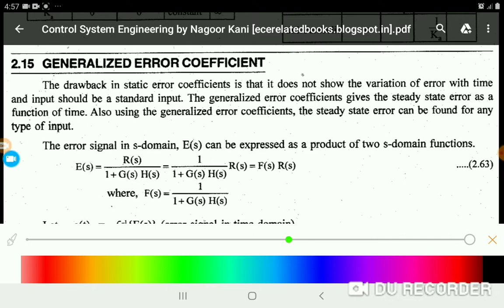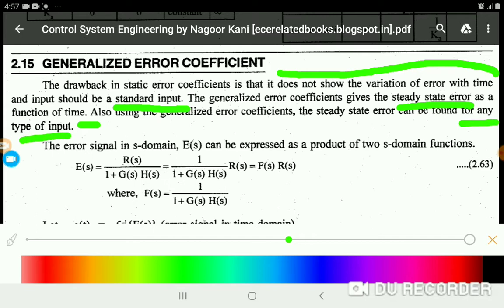See, the steady state error coefficient does not show the variations of error with time. At the same time, the input should be the standard input. But the generalized error coefficients give the same steady state error ESS as a function of time, and it could be done for any type of input.